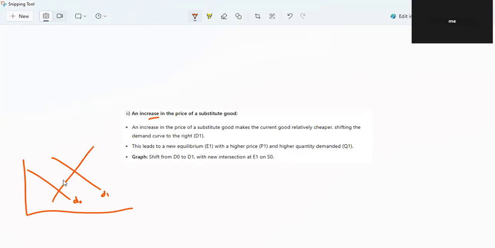This causes a shift to the right, so our equilibrium moves from E0 to E1. So this will cause a movement of the demand curve from D0 to D1. And what effect do we call this? The substitution effect. For income, the income effect.